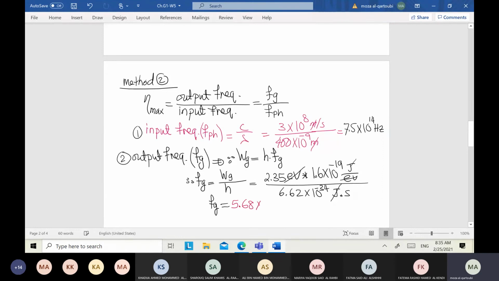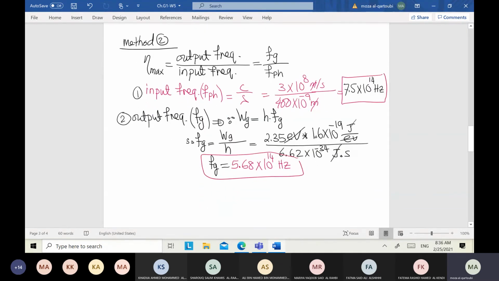So the first one here and the second one here are now the output and input. I will start from the input, depending on 100% quantum efficiency, so the input frequency is greater than the output one: 7.5 greater than 5.68.